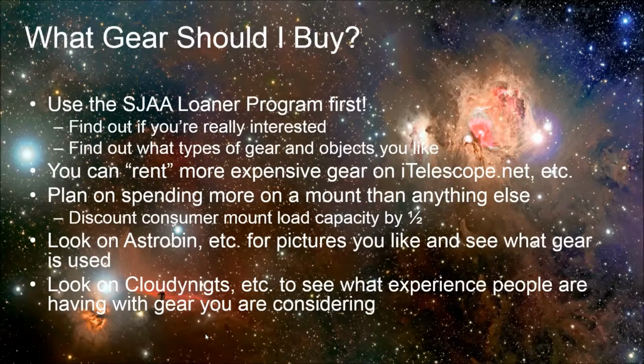A good rule of thumb for what I'll call consumer mounts under $8,000 to $10,000 is, even if they say their load capacity for astrophotography is 50 pounds, don't plan on putting more than 25 pounds on it. If it says 30 pounds, then you're probably going to be lucky if you can put more than 15 on it. So you've got to figure out what your stuff is going to weigh, and then plan on spending the most money on the mount.